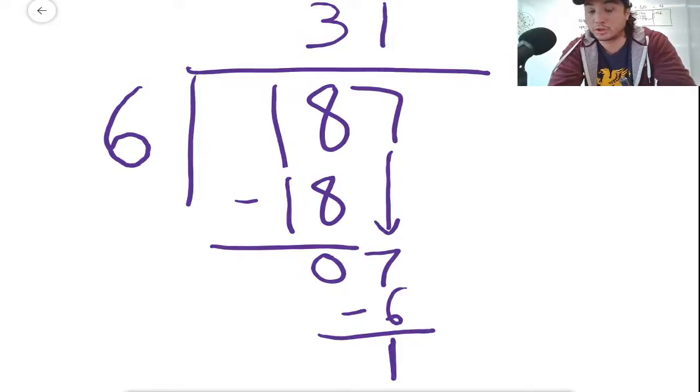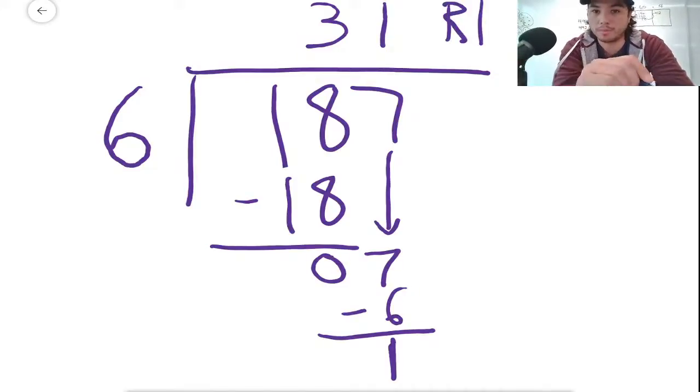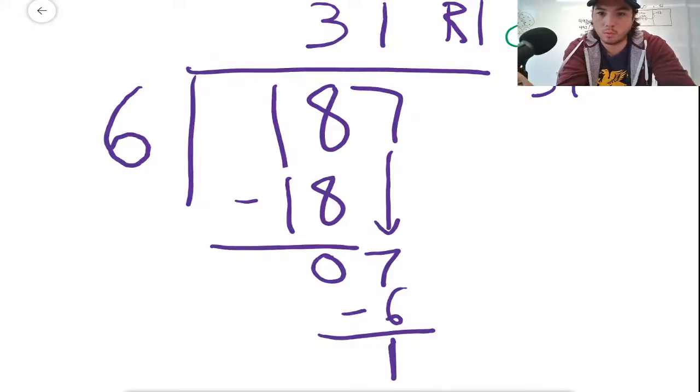Now remember, there's 2 ways you can write this. If you have 1 remaining, you could either write it as remainder 1, R1, or you could write your answer as 31 and 1/6, because you're taking 1 remainder.